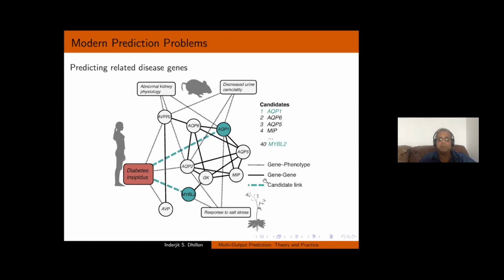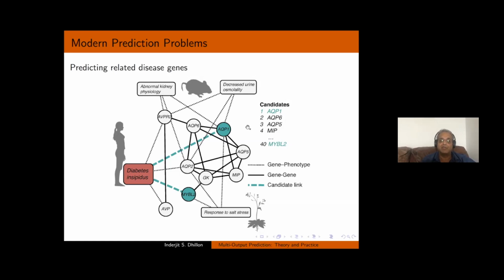One problem that Edward Marcotte posed to me was, can we develop a machine learning method to make predictions in a ranked order as to what gene might be associated with a given disease, and then the biologists may go into the wet lab and perform experiments to confirm or not confirm the hypothesis that this gene might be related to this disease.